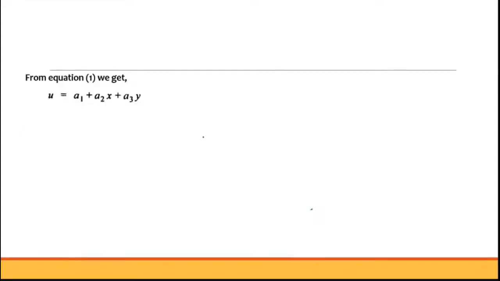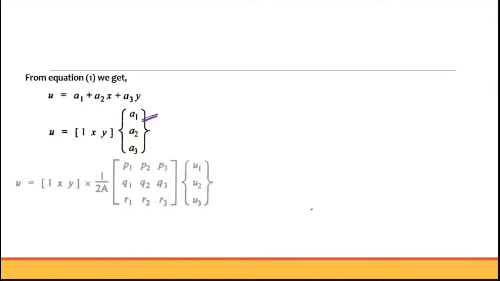Now consider what my U matrix is. My U trial function is a1 plus a2x plus a3y. I'm writing it in matrix form. This a1, a2, a3 is what we identified now, so I am replacing it. So a1, a2, a3 is 1 by 2A of P1, P2, P3, Q1, Q2, Q3, R1, R2, R3 in terms of u1, u2, u3.